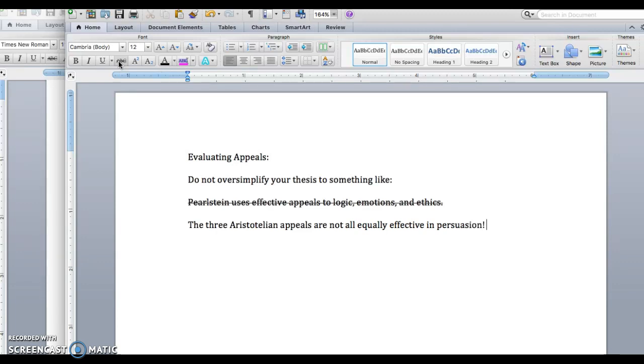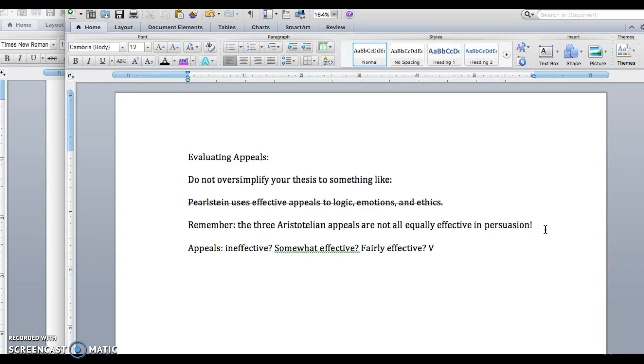So your job is to come in and evaluate them. Remember, you can think about appeals as, are they ineffective? Are they somewhat effective, fairly effective, or maybe very or highly effective?